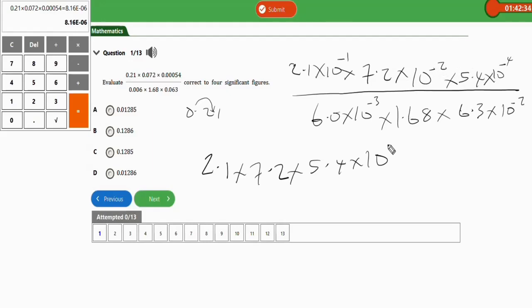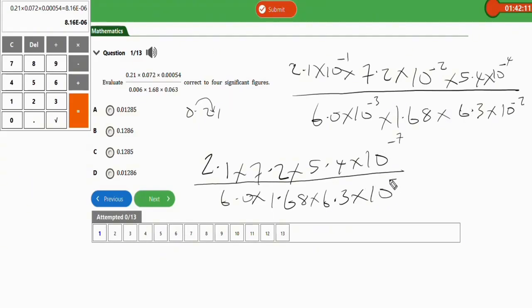Everything here will give us minus 7, over 6.0 times 1.68 times 6.3 times, now minus 3 plus minus 2 gives us 10 to the power minus 5.